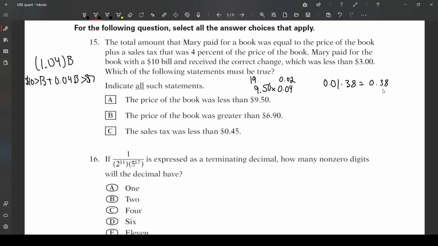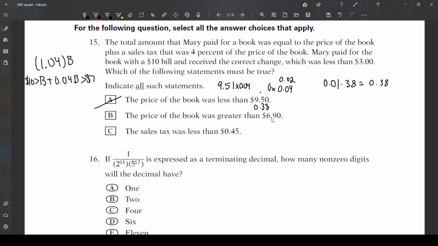So the sales tax here is 38 cents, meaning that I believe the book could be 9.51. Well, yeah, because this is saying the price of the book was less than 9.5, but it can be equal to 9.5. So A is out of the picture.